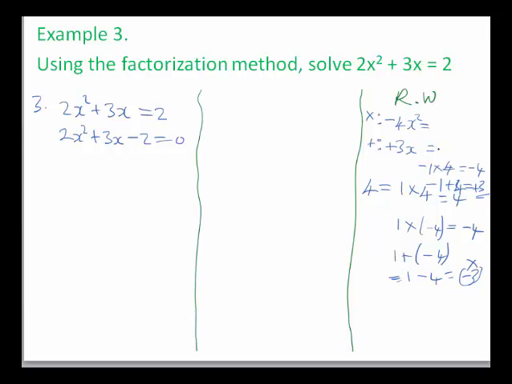So in place of this, we now come over here and write -x + 4x. It's still the same. For the product, we have -x times 4x, which gives us -4x².